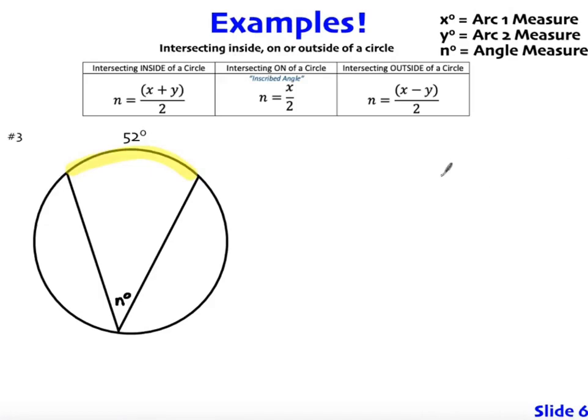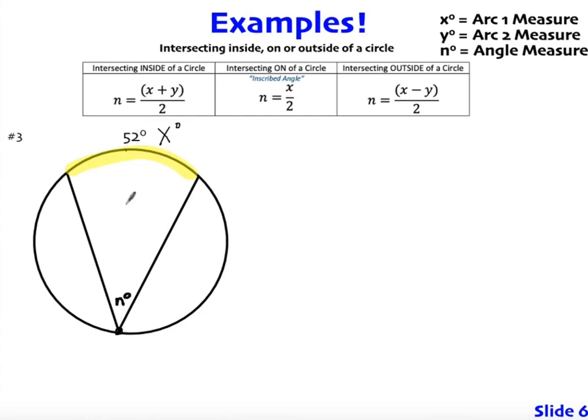All right, on to number 3. So number 3, same process we did before. First step is to label. So the arc measurement that we have here is just x. We actually don't have a second arc. And that's not because anything's been done wrong, but this is because we actually learned this last week. These two chords meet on the circle, which means that this is an inscribed angle, which means this is half of this.